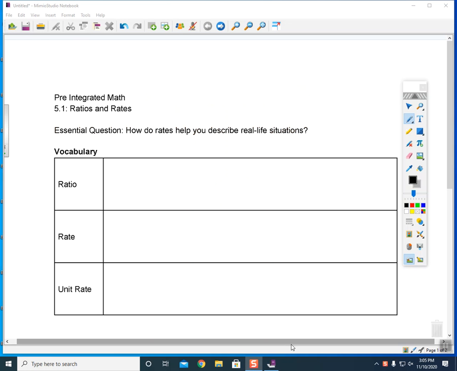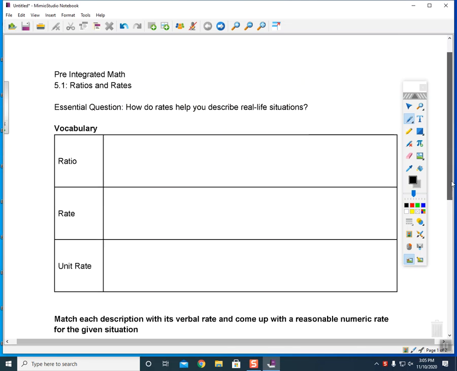Okay, so we gotta figure out what each of these things are.